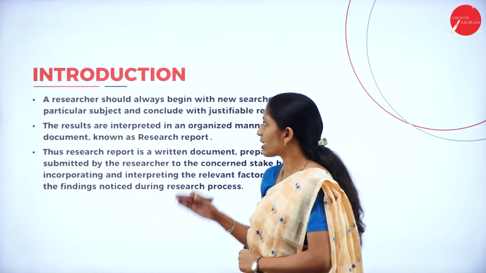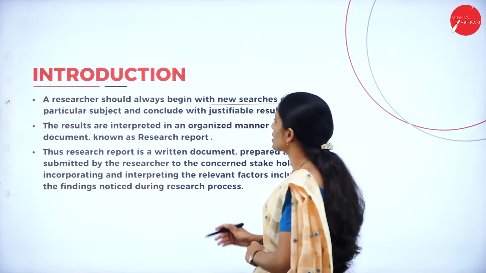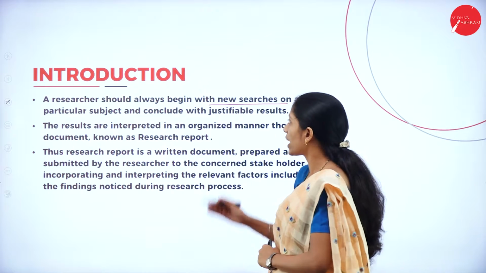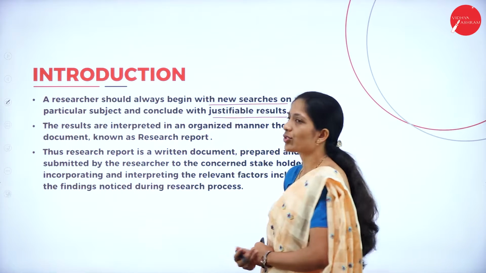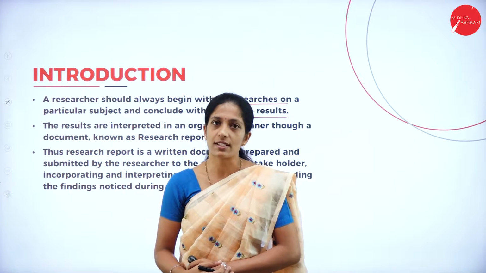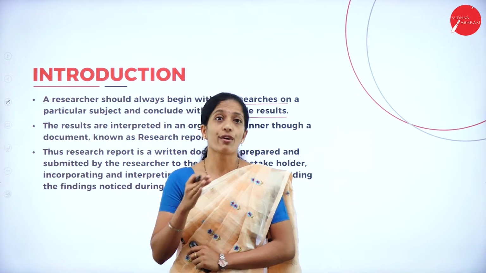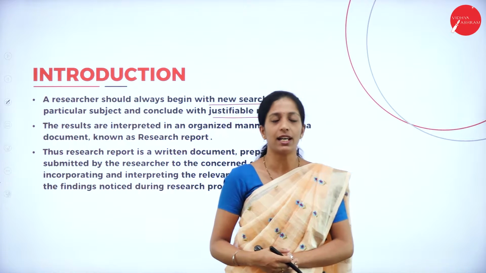Now we shall have an introduction here. A researcher should always begin with new searches on a particular subject and conclude with justifiable results. Of course, the main intention of research is what? In order to find out new things or in order to find out the solution to a particular problem.